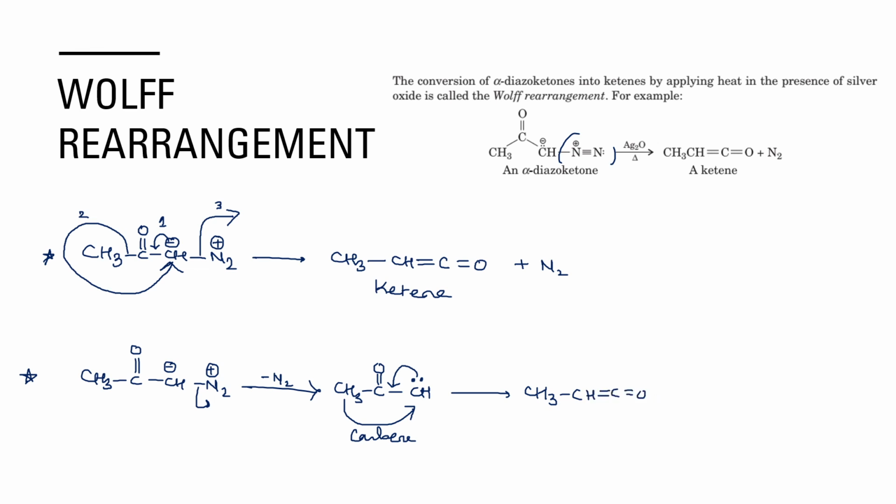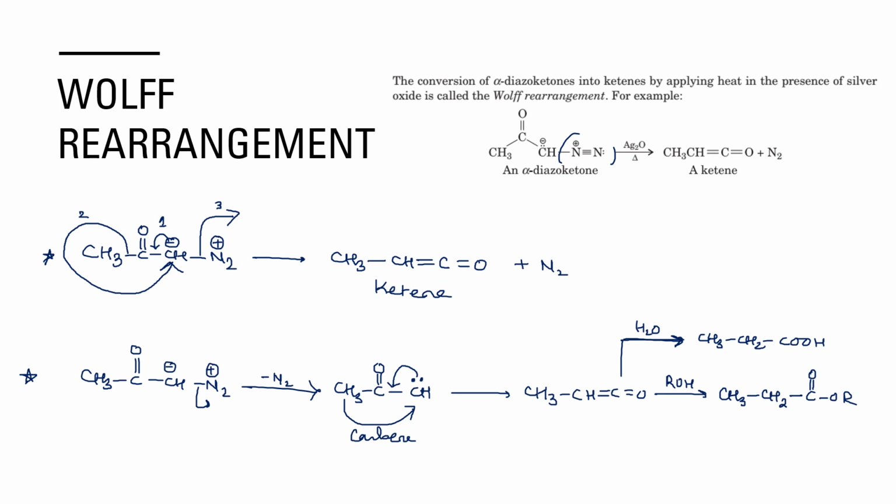What are the applications? If you take a ketene and you treat it with H2O, then this carbon will turn into COH. You will get CH3CH2COOH. If you treat it with an alcohol, you will be getting CH3CH2C double bond OR.